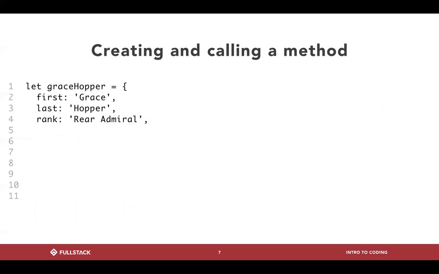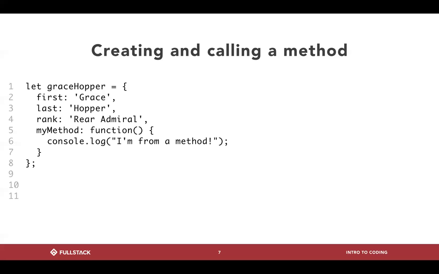So right here we have Grace Hopper object, first name, Grace, last name, Hopper, rank is a string, rear admiral, right? That's the value. And then we have my method, and my method is a function, and it console logs out, I'm from a method.